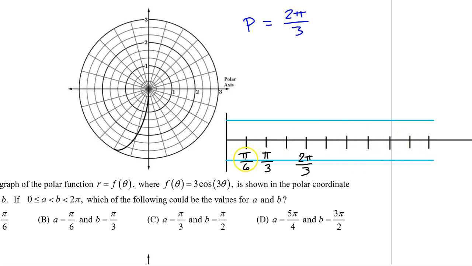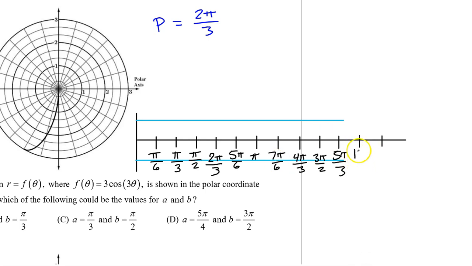I can count by pi over 6. This is 1 pi over 6, 2 pi over 6, 3 pi over 6, which is the same as pi over 2, 4 pi over 6, 5 pi over 6, 6 pi over 6 is pi, 7 pi over 6, 8 pi over 6 is 4 pi over 3, 9 pi over 6 is 3 pi over 2, 10 pi over 6 is 5 pi over 3.